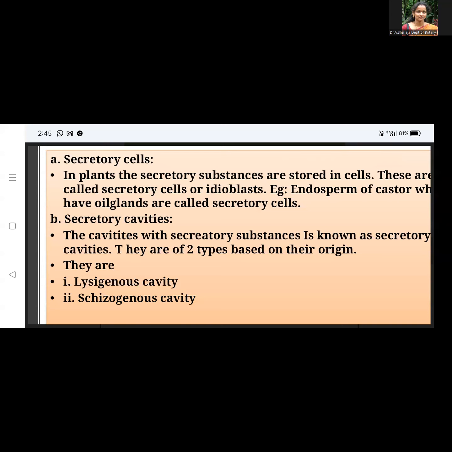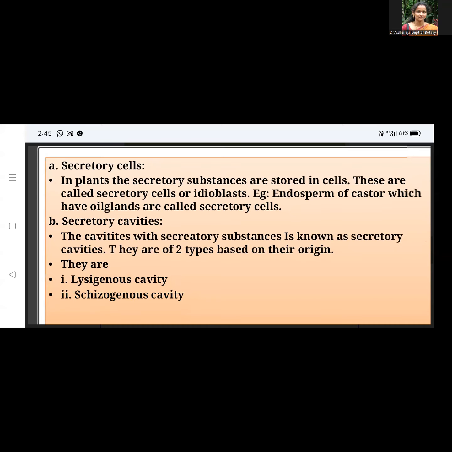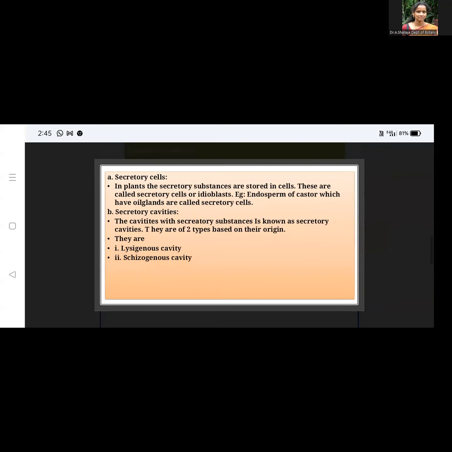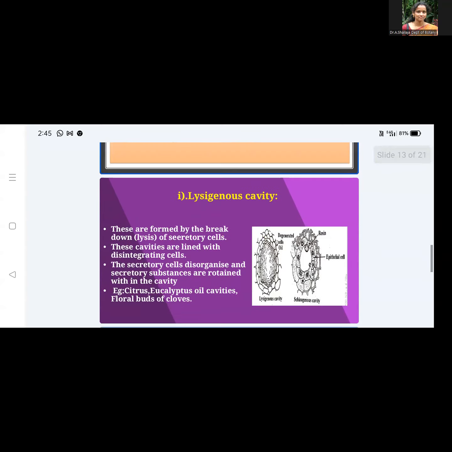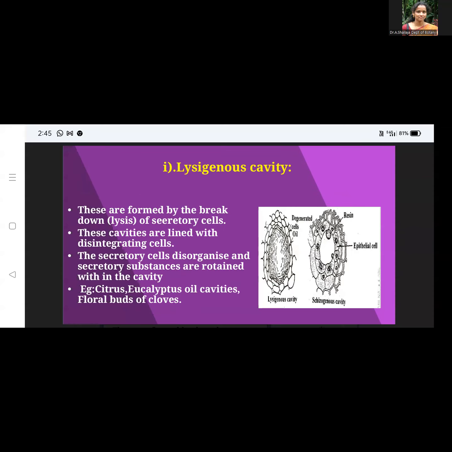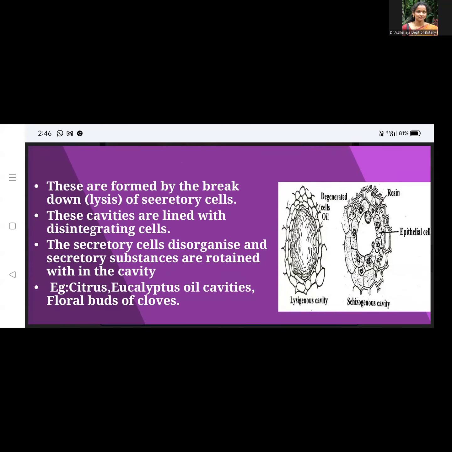Secretory cavities are cavities with secretory substances. Based on their origin, they are mainly of two types: lysogenous cavities and schizogenous cavities. First, the lysogenous cavity.